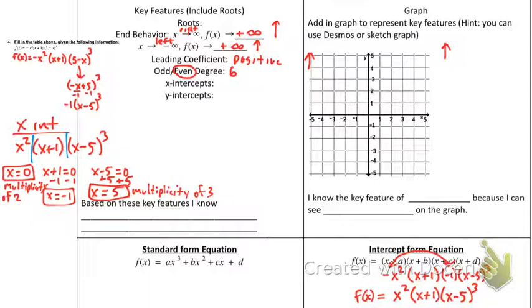So let's write this in. We have our first x-intercept is 0. And then our y's are always 0 on our x-intercepts, right? That's for this guy. Our next x-intercept is negative 1, 0. And then our last one is 5, 0.